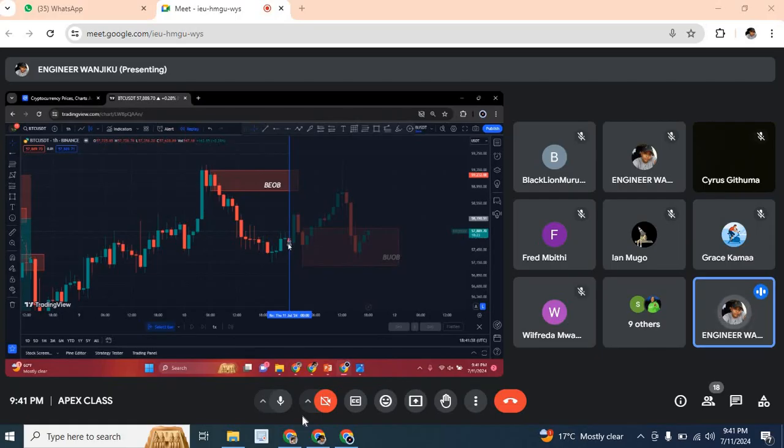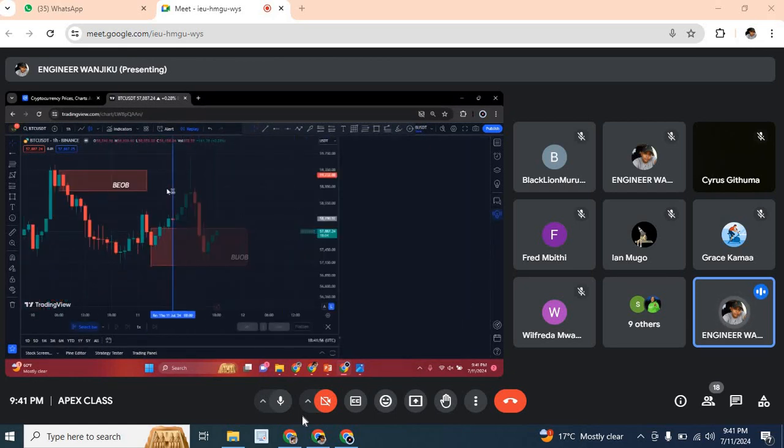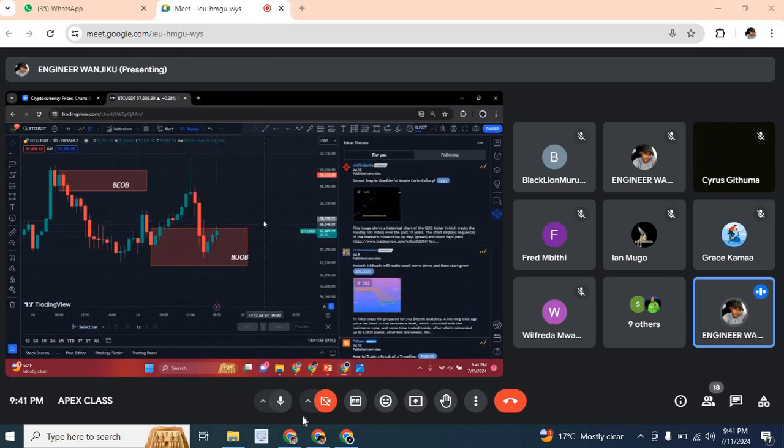After identifying the bearish order block, you know that the market is going to come and retest it. So what do you do? You'll have your sell limit.